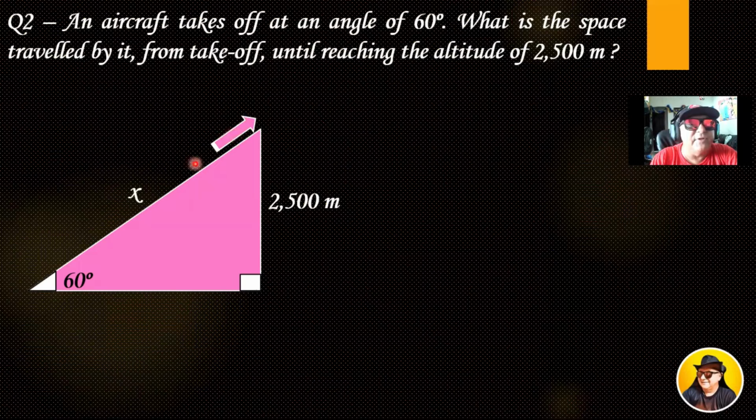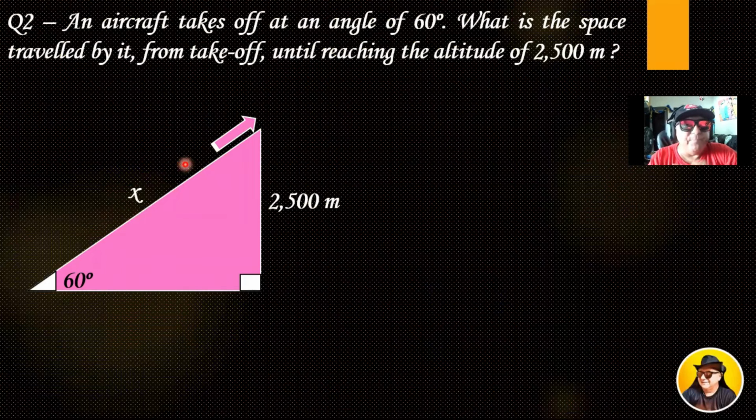This is the aircraft, and this is the distance the aircraft traveled. We want to know the value of x, this trajectory here. The angle is 60 degrees. The altitude of the aircraft is 2,500 meters. If this is the right angle, it means that x is the hypotenuse.